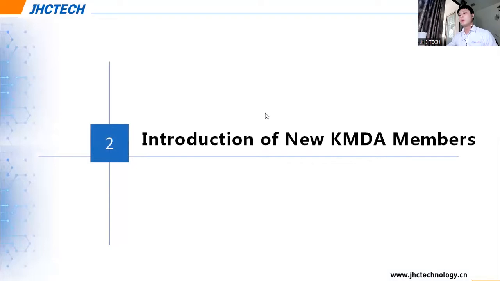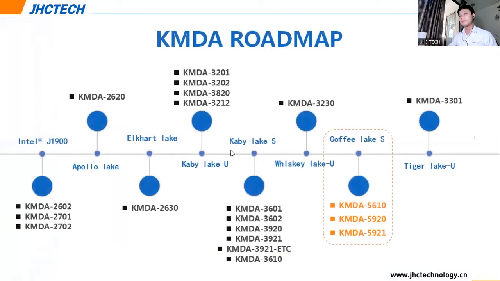First, let me show you our KMDA members. Look at the picture. This is a roadmap of our KMDA series. From the picture, we can see that we have many different KMDA series products with different CPU platforms.